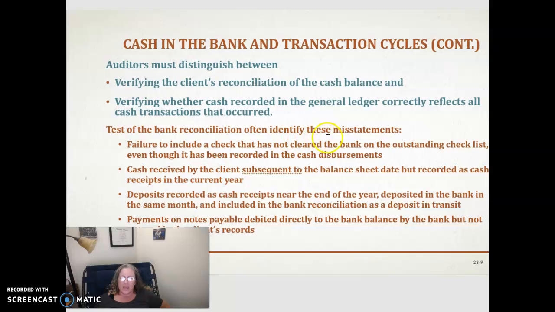Tests of bank reconciliation are also going to often identify these types of misstatements: failure to include a check that has not cleared the bank on the outstanding check list, even though it's been recorded in the cash disbursements; cash received by the client subsequent to the balance sheet date but recorded as cash receipts in the current year; deposits recorded as cash receipts near the end of the year, deposited in the bank in the same month, and included in the bank reconciliation as a deposit in transit; payments on notes payable debited directly to the bank account by the bank but not entered in the client's records.